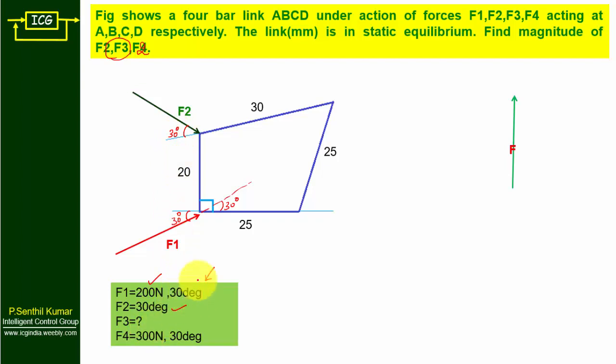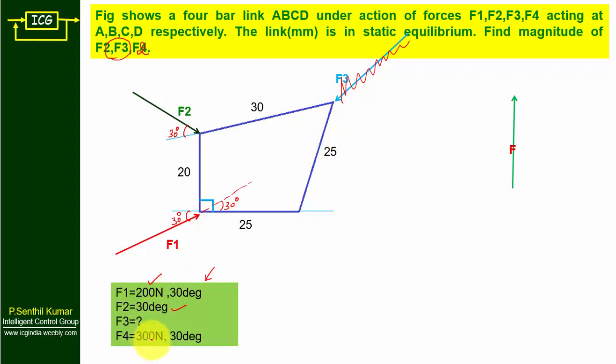For force 3, both magnitude as well as direction are unknown. So we need to find magnitude as well as direction for F3. Actually you should not represent F3 because we don't know the direction. Without direction I can't draw this line, but for understanding purpose only I am adding this line. Then finally F4.